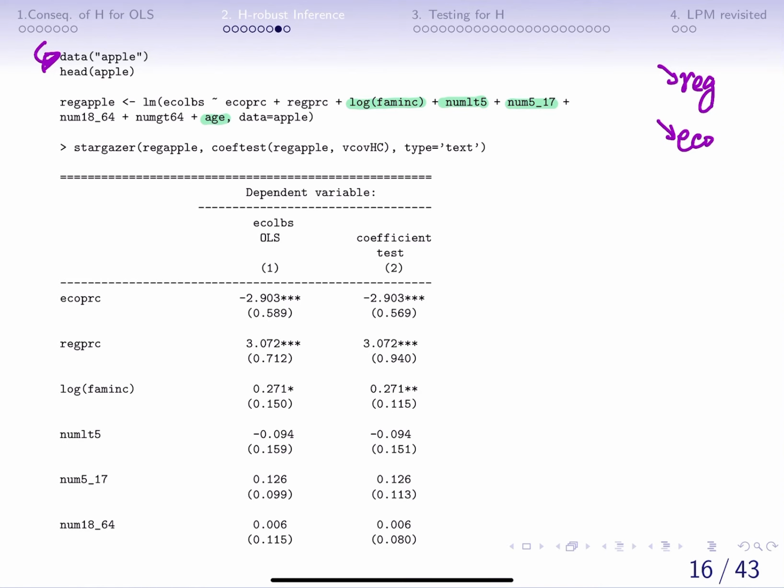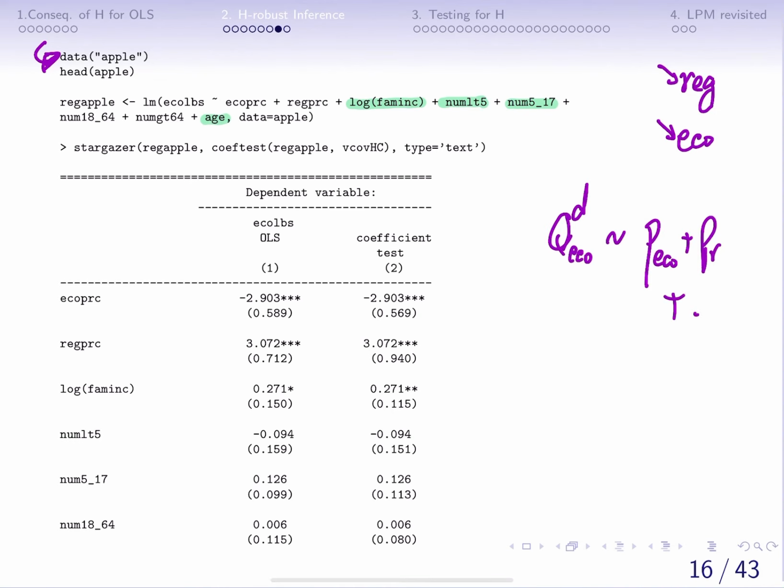So if we were to think about doing some sort of regression analysis, we can say that the quantity demanded of apples, and let's say we are talking about these eco-labeled apples, would depend on the price of the eco-labeled apples, plus the price of the regular apples, plus all these other demographic characteristics that we have in our data set.